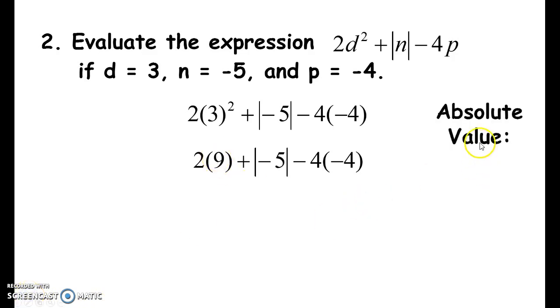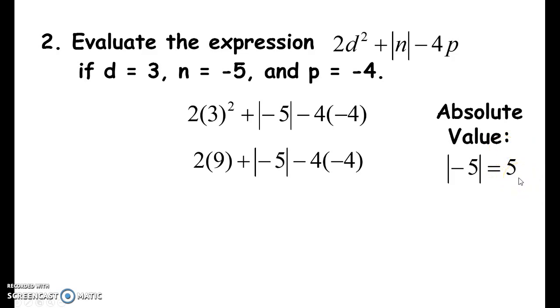Okay, I'm going to talk about absolute value first before I multiply. I told you absolute value is the distance from 0. So if I asked you how far away from 0 is the number 5, positive 5, you would say 5 units. If I asked you how far away from 0 is negative 5, you would say 5 units.